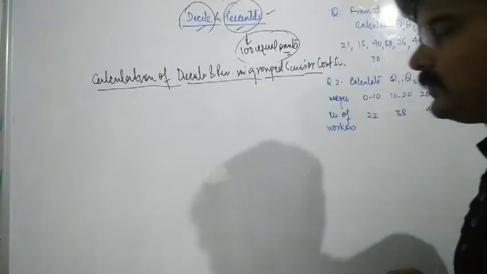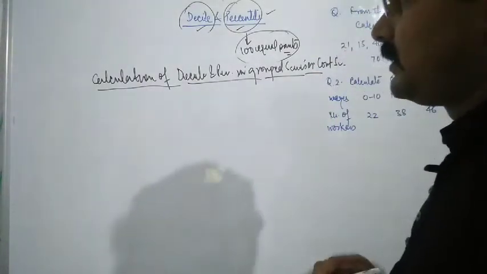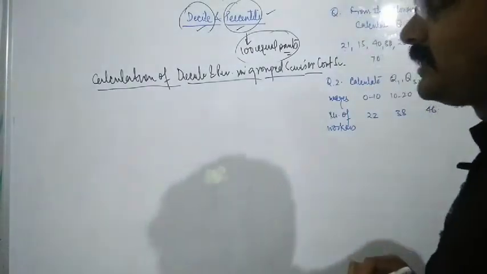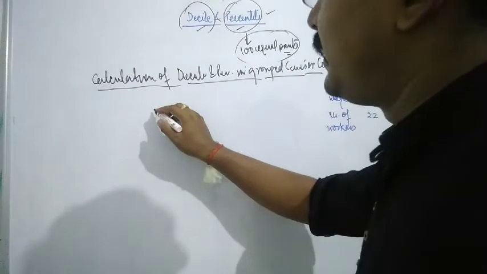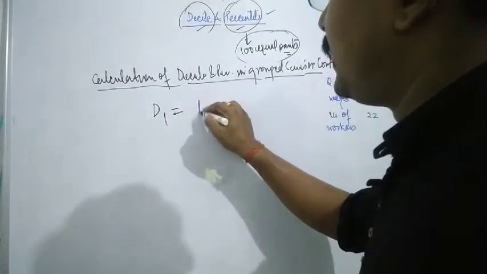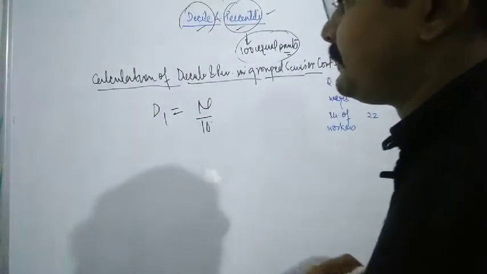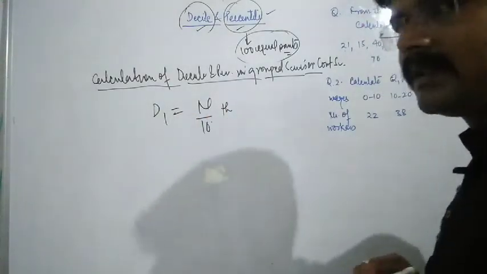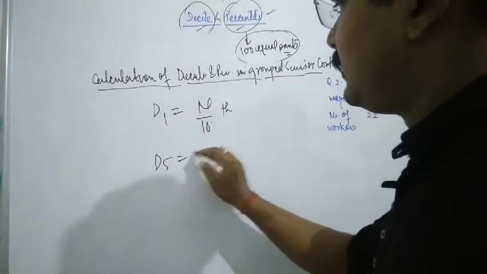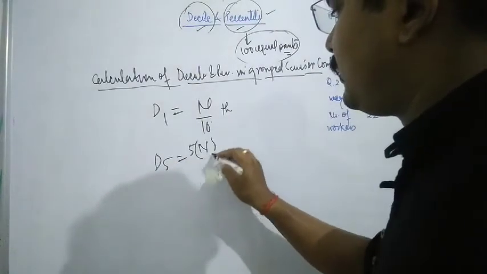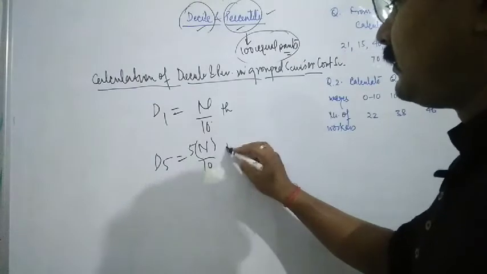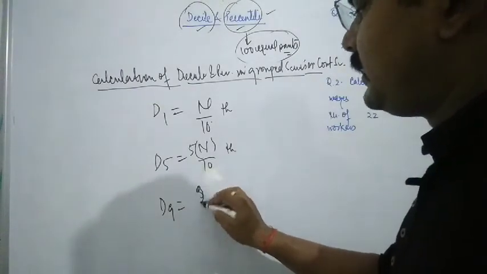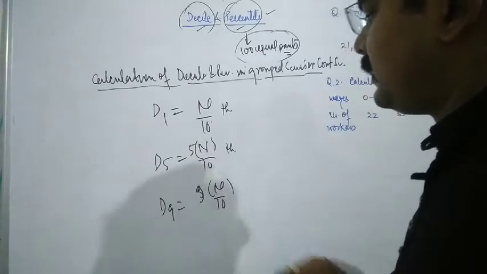Two things we have to do. First of all, we have to find the class interval, and for this we calculate D1 is equal to n upon 10, the n upon 10th value. It will give you the D1 class interval. For D5 it is 5 into n upon 10, and for D9 it is 9 into n upon 10.